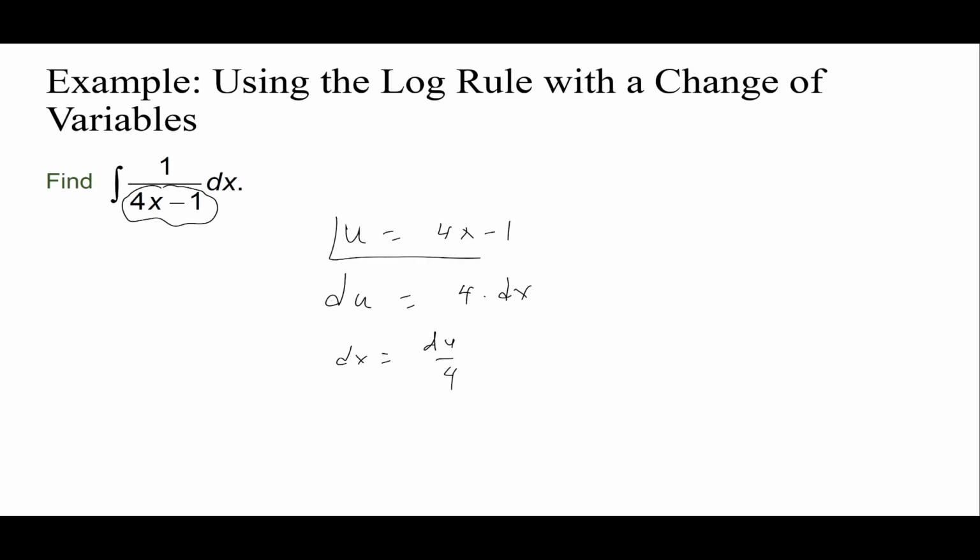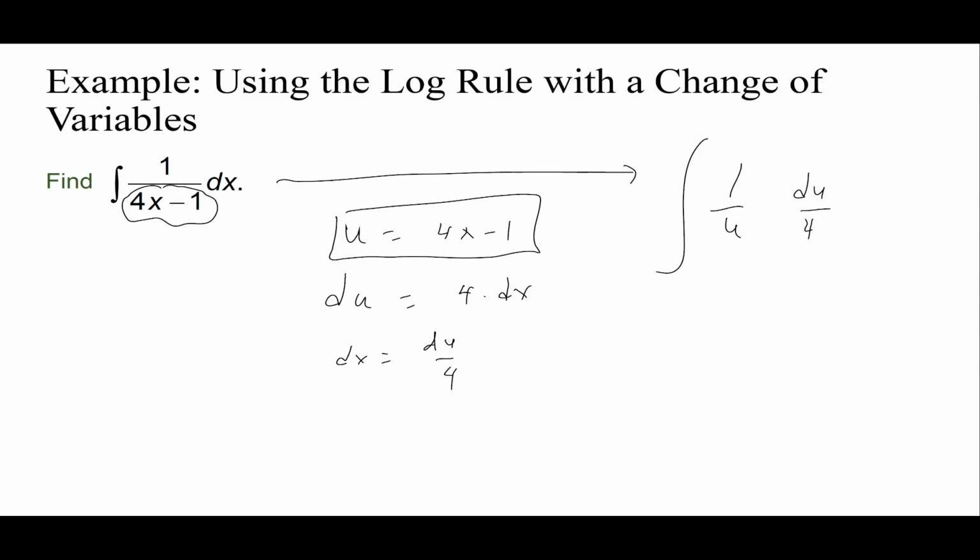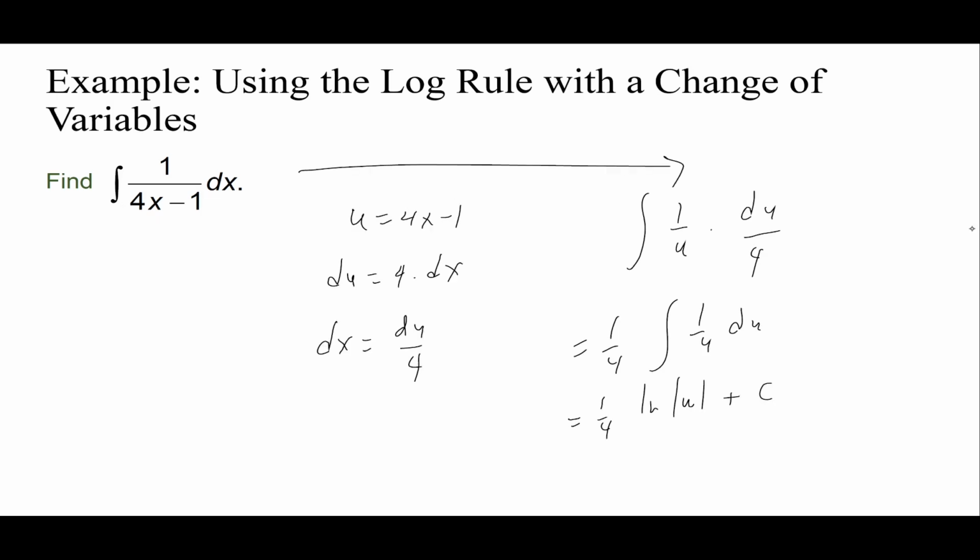If we do this substitution in this problem, our problem now becomes 1 over u, and instead of dx, we write du over 4. This 4 we can keep outside, so that's 1 over 4. Now we have du on the top and u on the bottom, so we can use the standard formula, which is ln absolute value of u plus some constant.